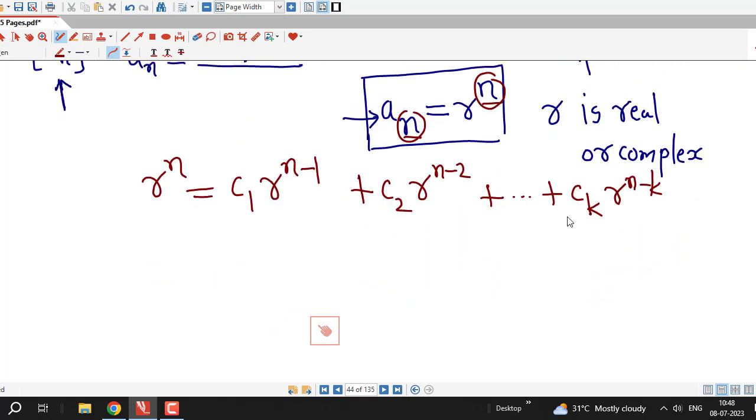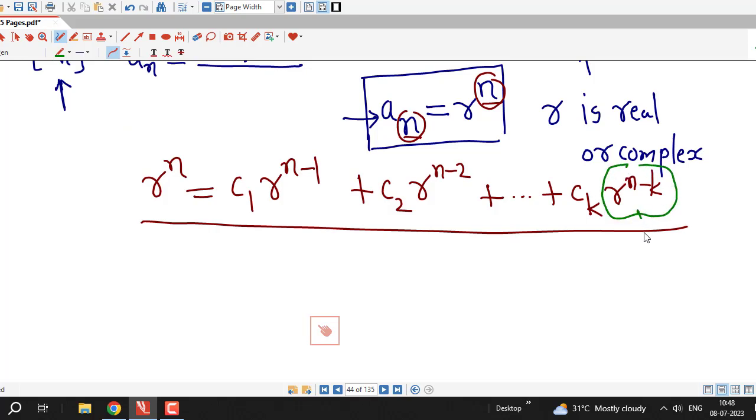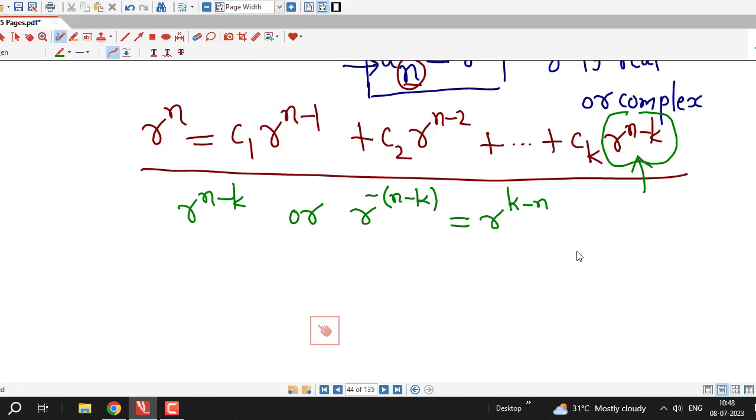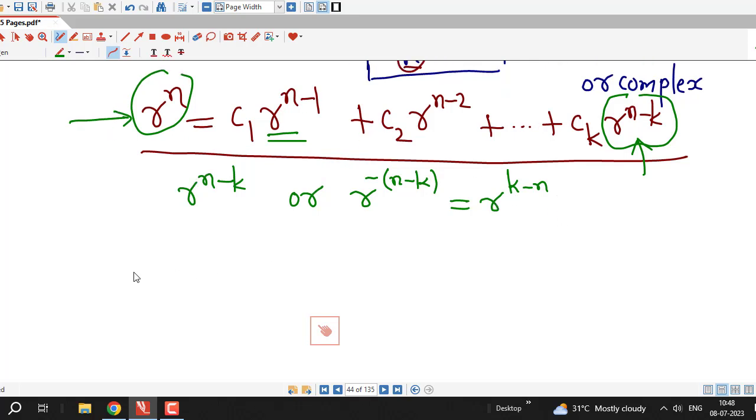Now here we can divide this equation by the lowest degree. Here we can see in this term the degree of r is lowest, so we divide this equation by r raised to n minus k, or we multiply each term of this equation by r to the power k minus n.